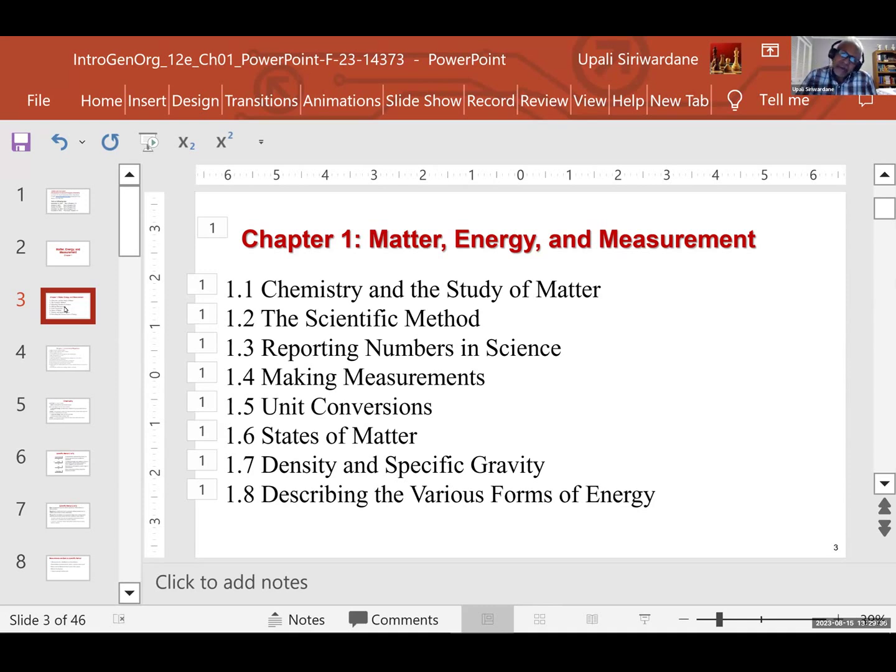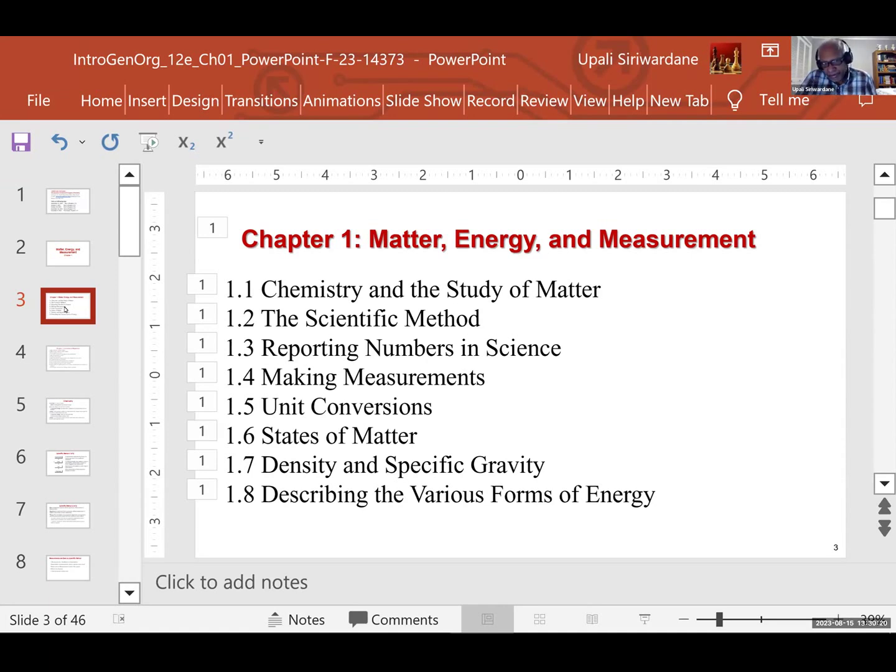The scientific method starts with observation. Then we measure a certain property, preferably with a numerical value, for example mass, volume, or temperature. They all are numbers. That's how you make measurements using instruments. A balance, a thermometer, a pressure gauge to measure pressure, and volumetric flasks to measure volume are examples.